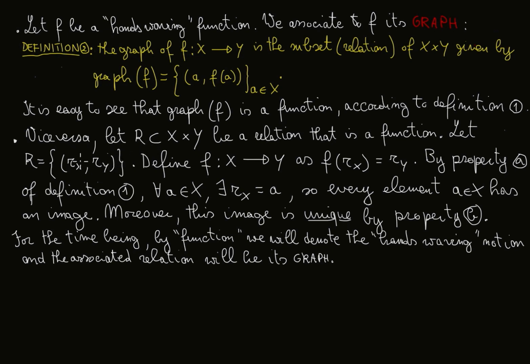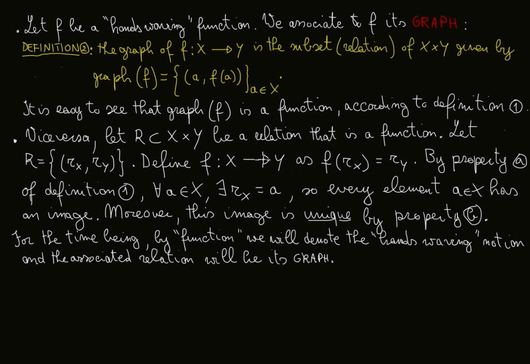Okay, so I explicited R as a subset of x cross y by means of the two elements that represent every element in R. Now we define a hands-waving function f from x to y in the following way.